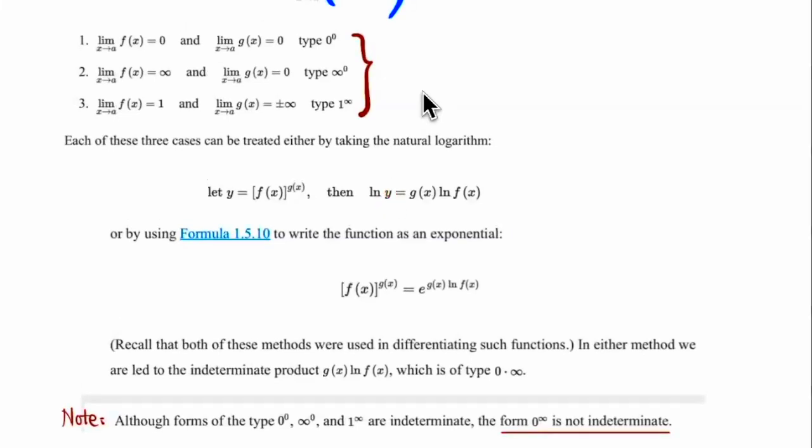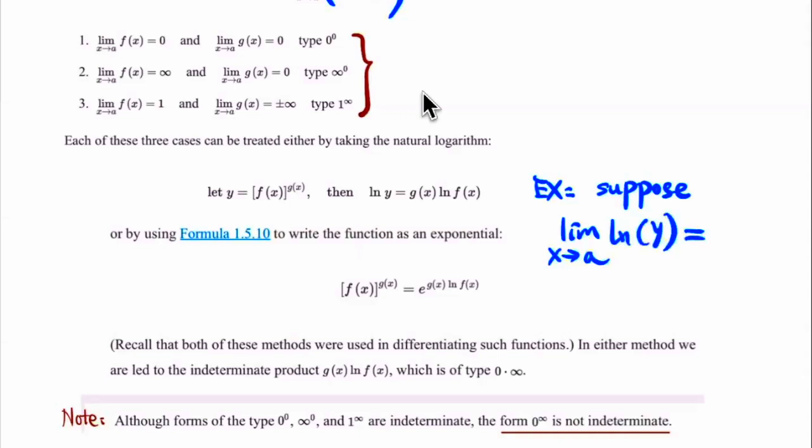Suppose, for example, the limit as x approaches a of ln of y is equal to 3. Then we can go back and find the limit of y.